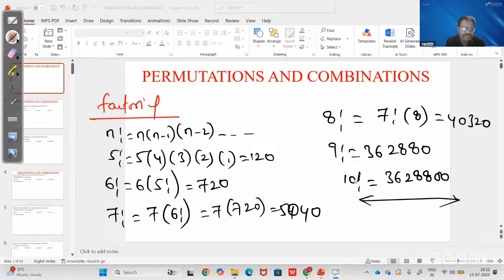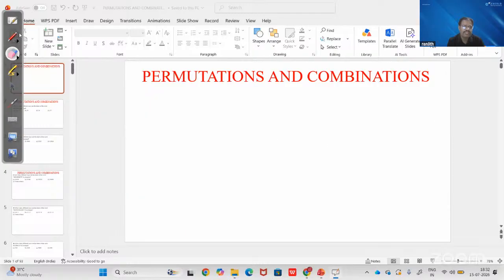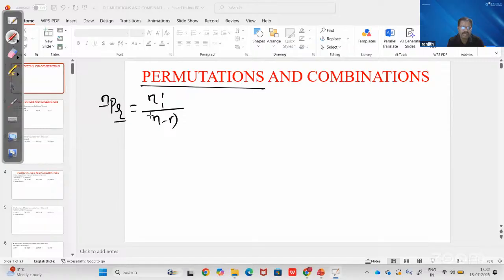Next. In permutation and combination, we are having some formulas. What are the different types of formulas we are having? nPr: out of n, we need to arrange r values. nPr equals n factorial by n minus r factorial.